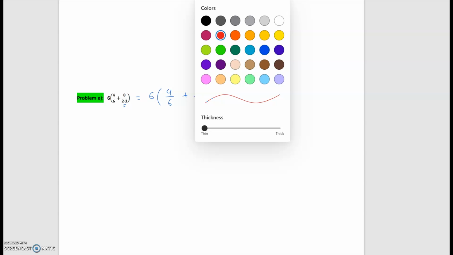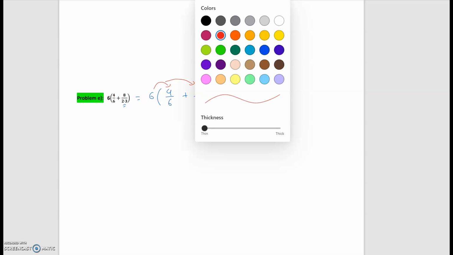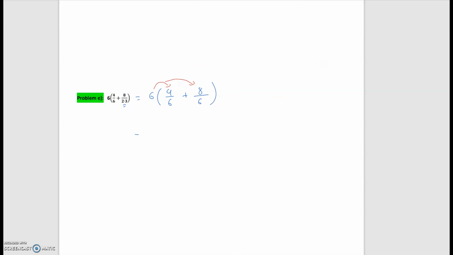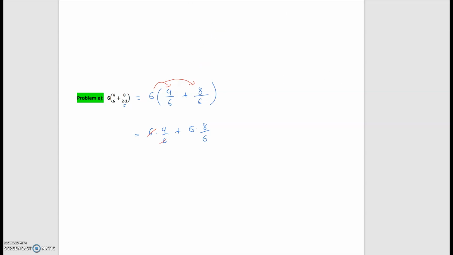And one advantage of using the distributive property is that on certain problems, you may see this simplification. So technically here you have 6 times 4/6 plus 6 times 8/6. And then just in this particular problem, the 6's cancel, or the fractions reduce, and you end up with 4 plus 8, which is equal to 12.